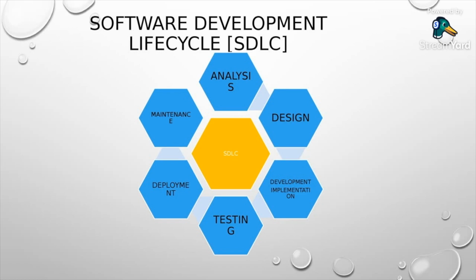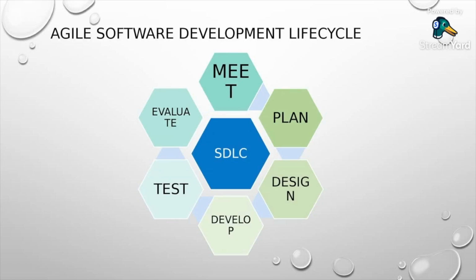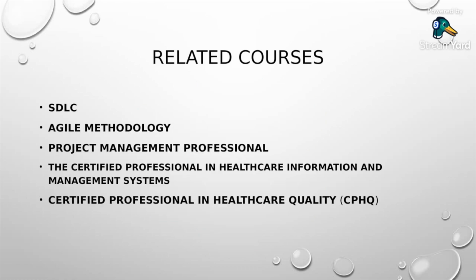Now we did go through the standard software development lifecycle, then the agile development stages, and now I would like to go through the related courses. What are the closest related courses which would help me to become an informatician?